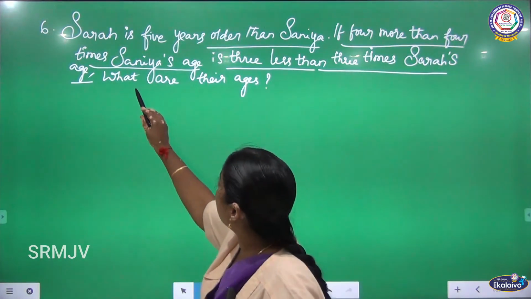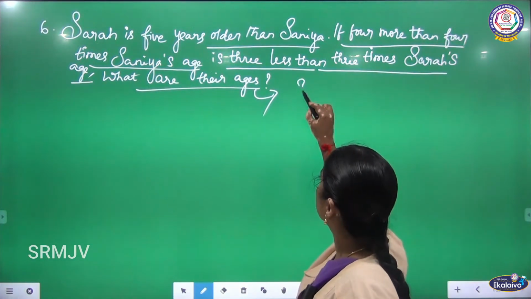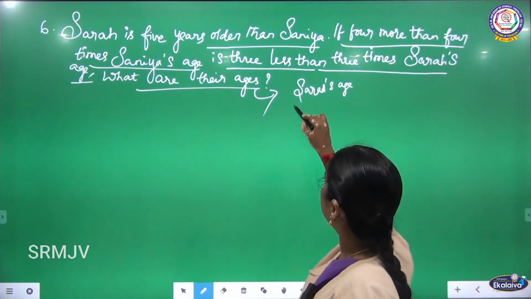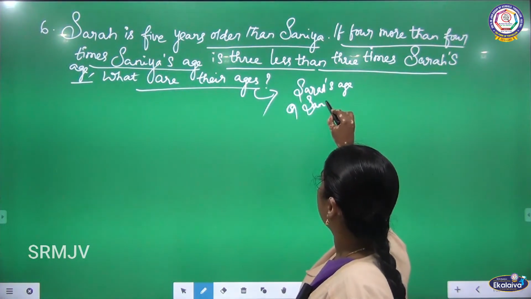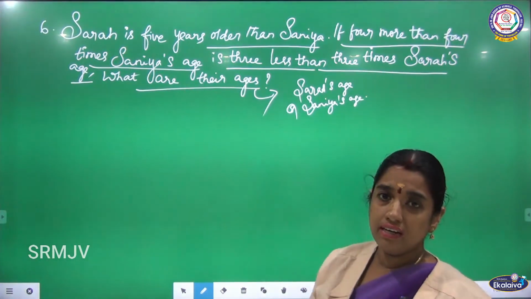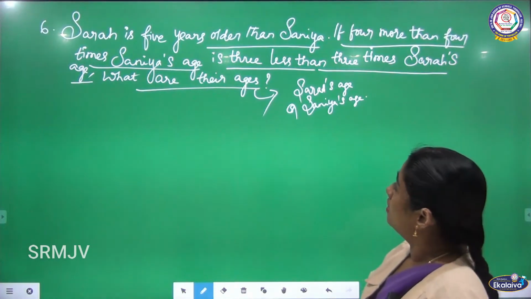What are their ages? See, I am going to find out Sarah's age and Sania's age. Is it clear? They have given two statements. Listen.